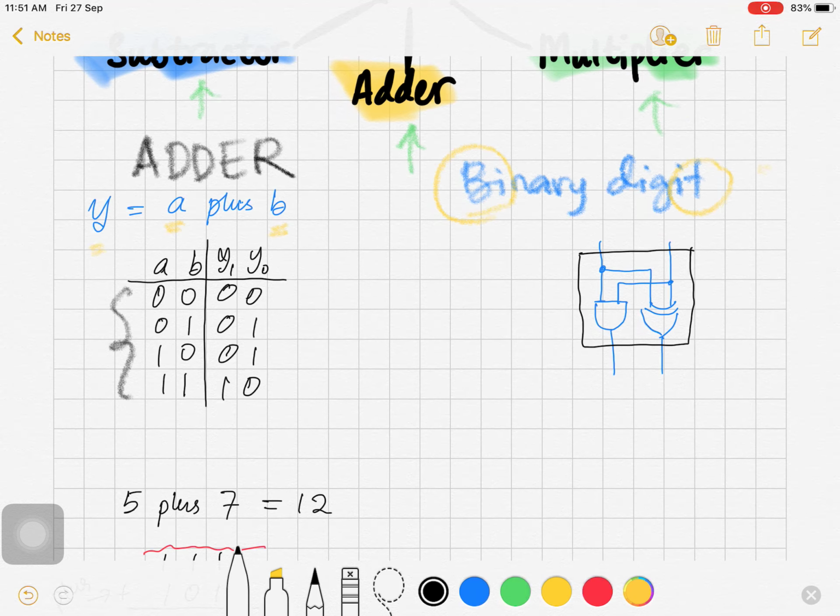Now let's find the logic operation between the output y and the inputs A, B. It is easy to see from the truth table that y1 equals A AND B, and y0 equals A XOR B. Thus, the circuit simply consists of two gates like this, where this is A, this is B, this is y1, this is y0.